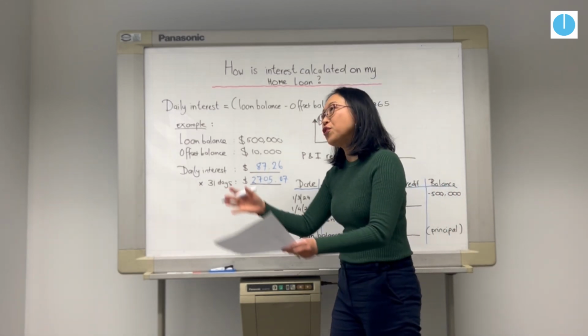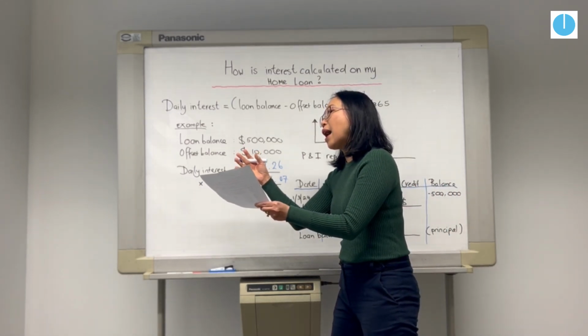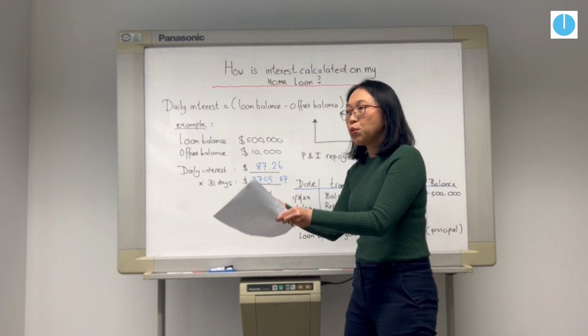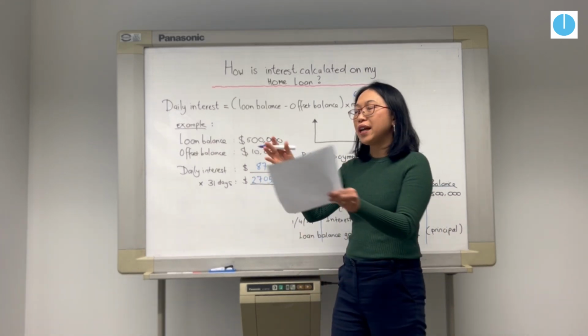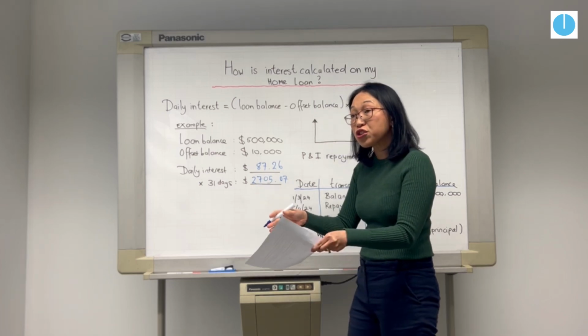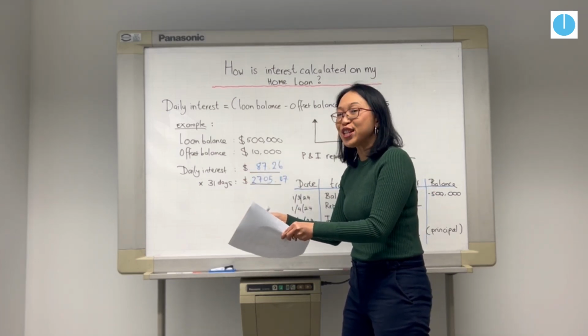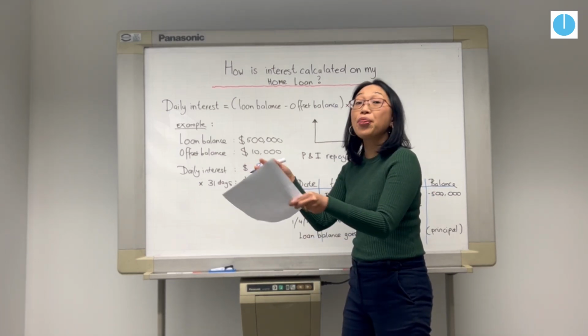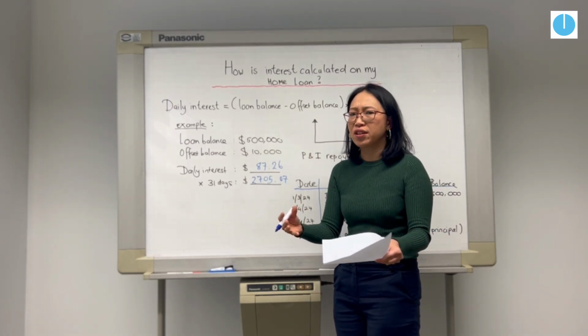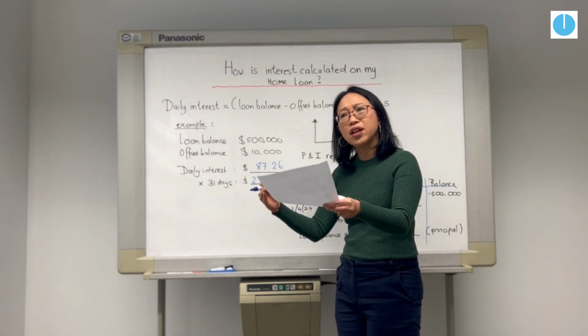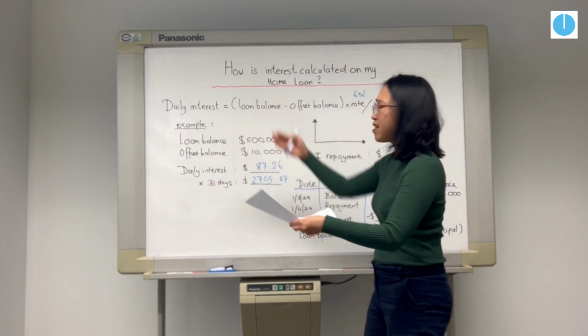If you are in March, it will be based on February, which has fewer days. If you are in April, it will be based on March, so your April interest will be higher because it's based on 31 days of March. That answers your question why your interest is more when your balance is less.